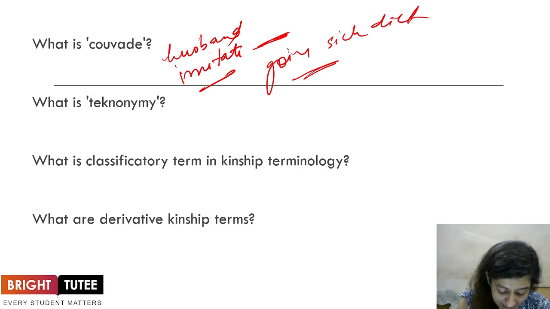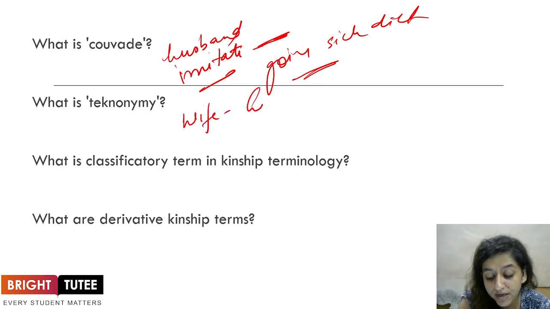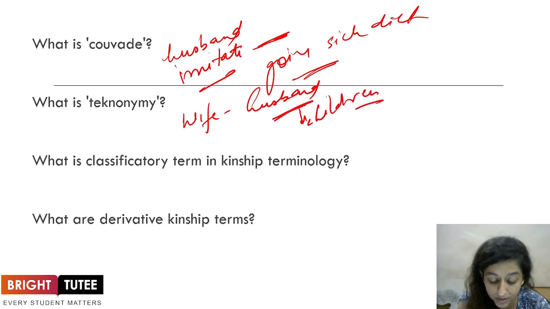Moving to technonymy, which means when two kinsmen do not address each other directly, for example, when the wife addresses the husband by taking the name of their children, it is known as technonymy.